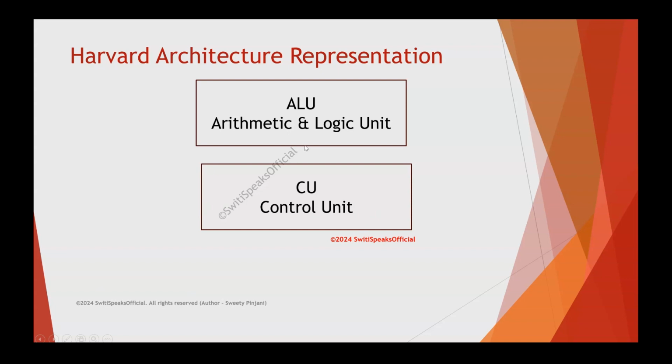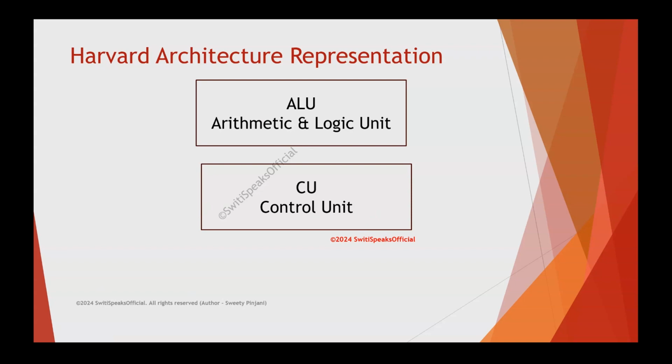Along with that, it also has registers, as we had discussed in von Neumann architecture. Registers were MDR, which was memory data register, which carries the data which needs to be transferred to and fro from the memory. Then we had memory address register, which carries the address.